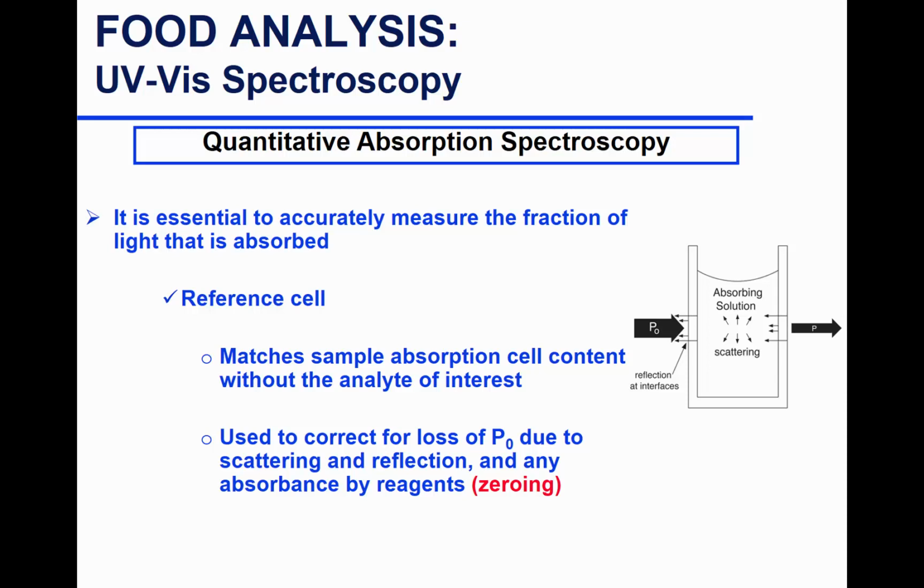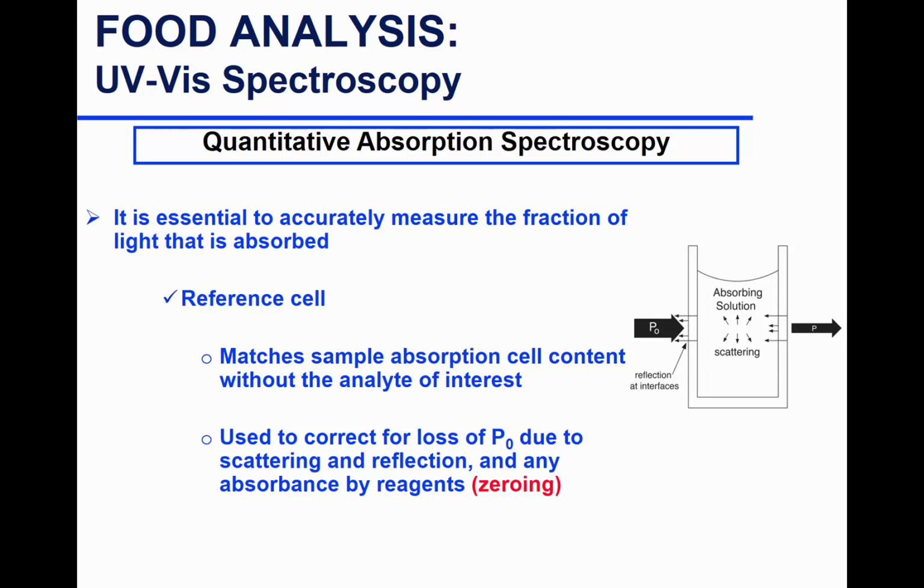So in quantitative absorption spectroscopy, we really want to accurately determine how much light is absorbed. In order to do that, we always have a reference cell, or we call it a blank. Whoever worked in a lab and used a spectroscopy tool to quantitate would know that you always have to run a blank.